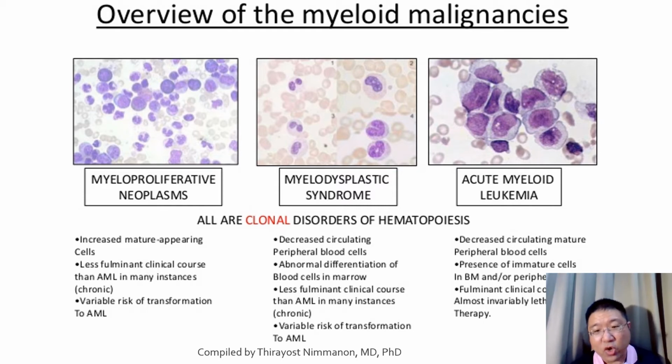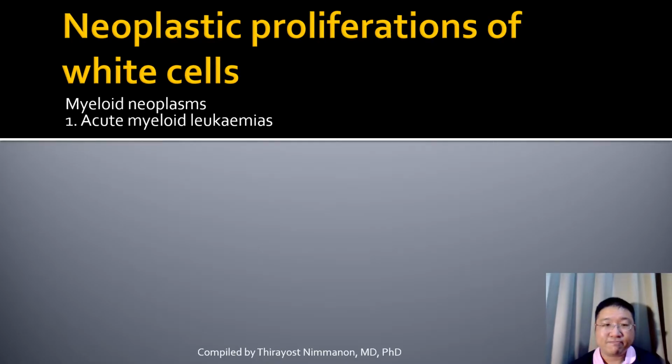And the clinical course is fulminant, but highly responsive to chemotherapy. So the most malignant group is acute myeloid leukemias.